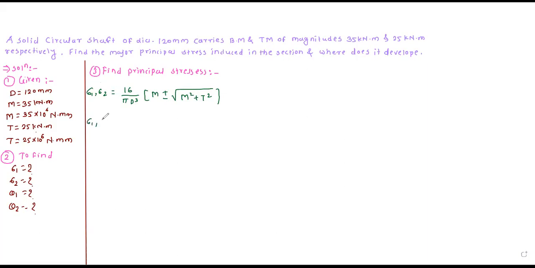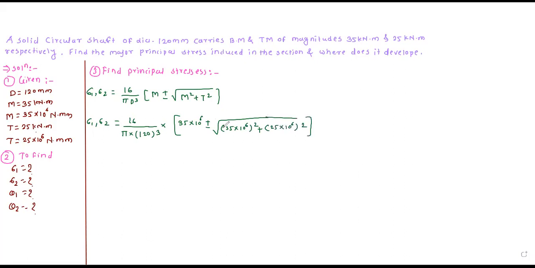So sigma 1, sigma 2 is equal to 16 divided by pi into d cube, where d is 120, so 120 cube, into M. The value of M is 35 into 10 raised to 6 plus minus square root of (35 into 10 raised to 6) square plus (25 into 10 raised to 6) square.